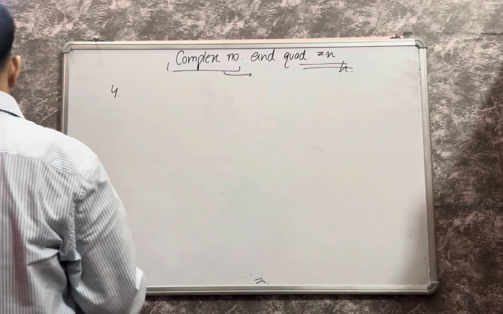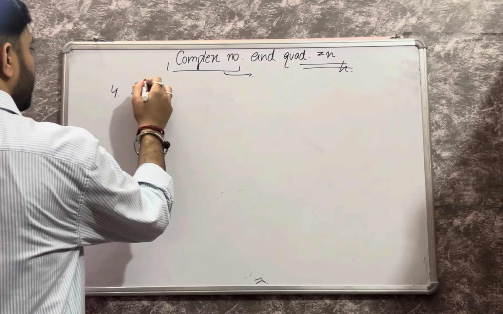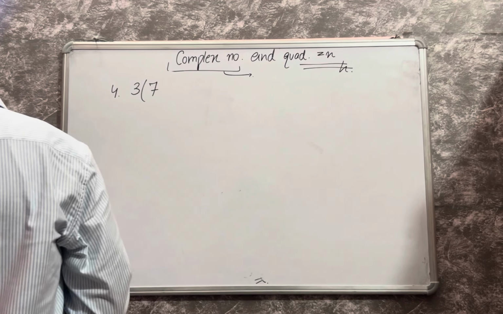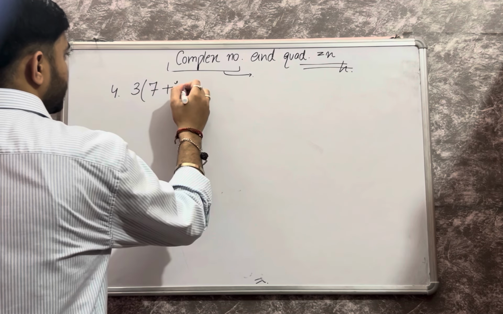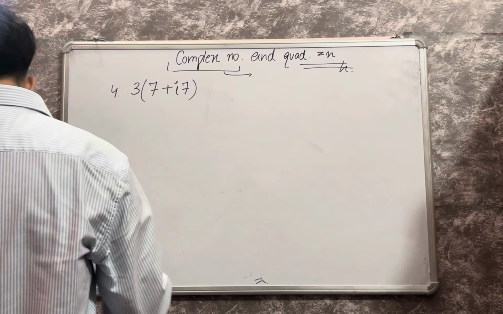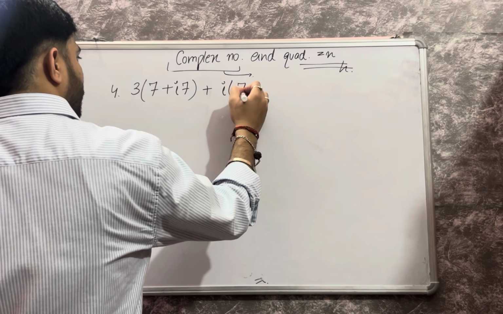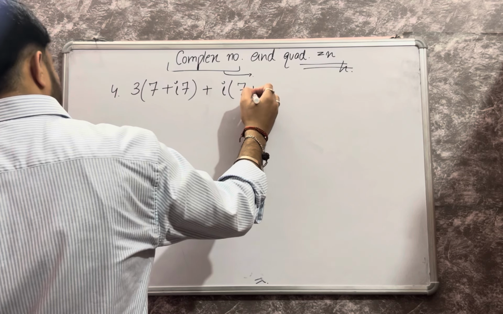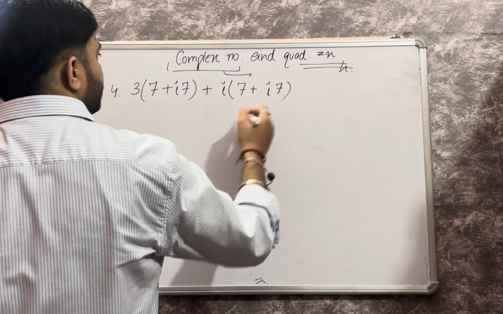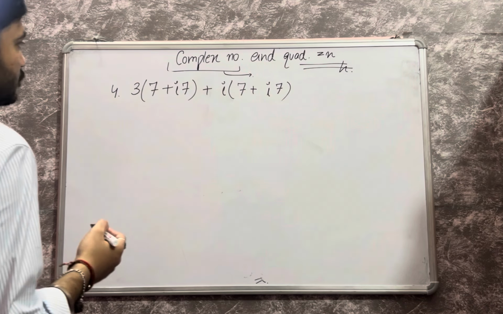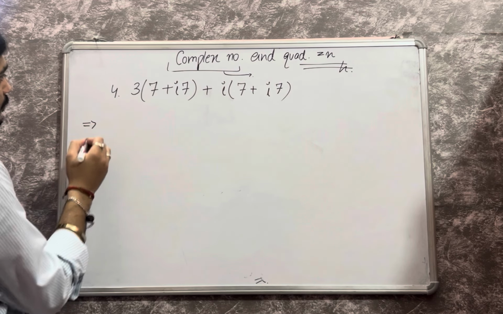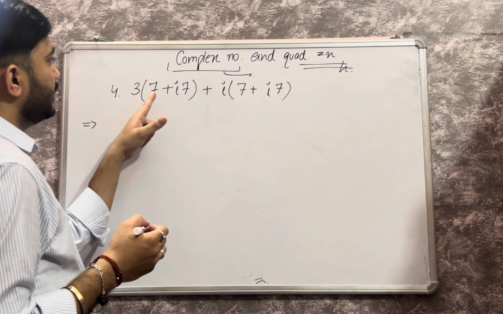The fourth question is 3 into 7 plus iota 7 plus iota into 7 plus iota 7. How are we going to solve this? Let us multiply this 3 into the bracket.